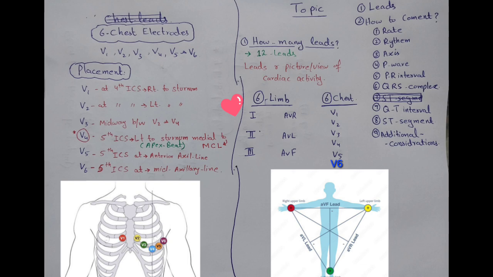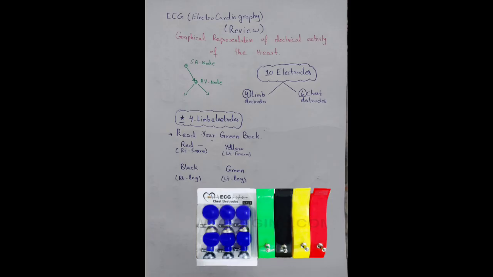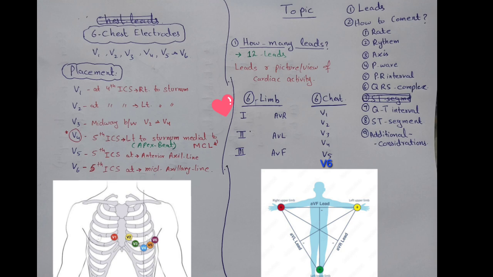Now the main topic is how we comment on the ECG. Firstly, in short, we will see about the leads. How many leads? I already told you that there are 10 electrodes and 12 leads. What is the difference? Electrodes are the physical parts shown in the picture, and leads are the picture view of the cardiac activity as shown below in the picture.